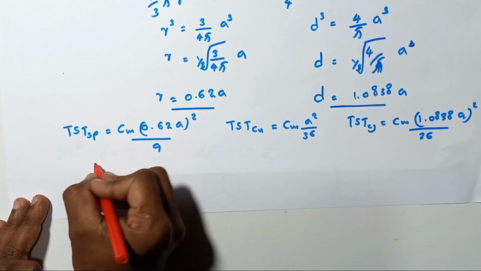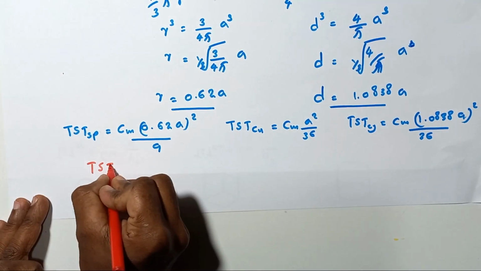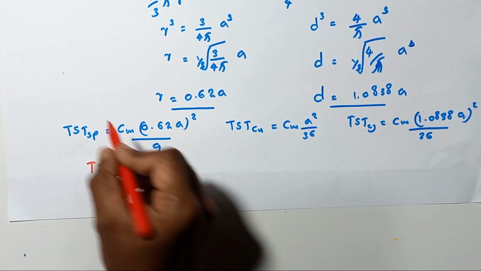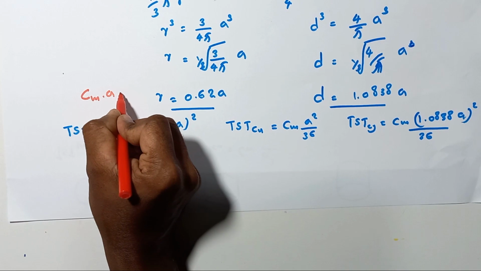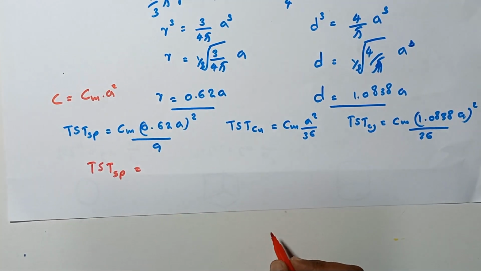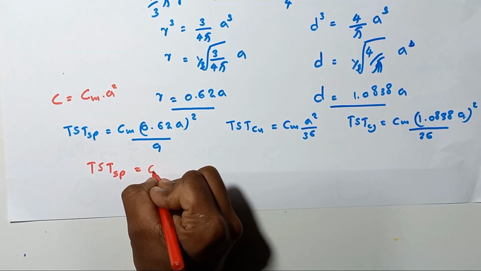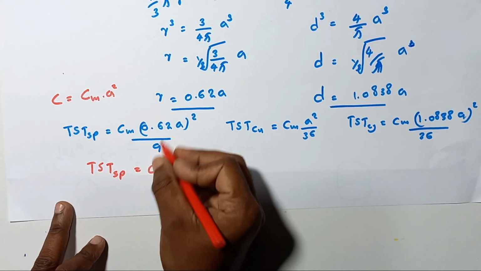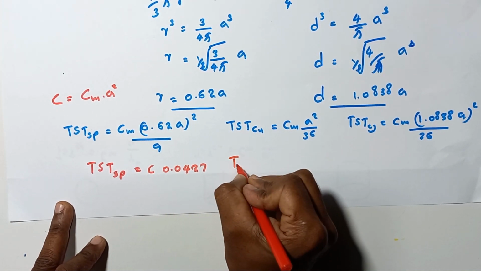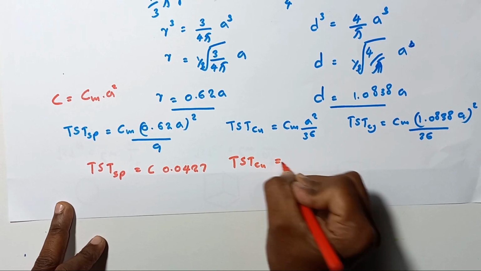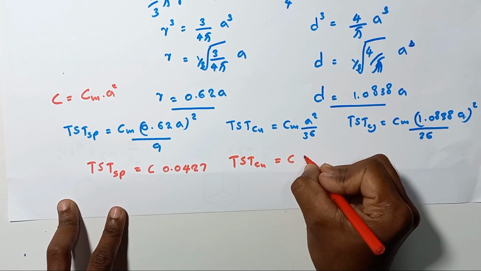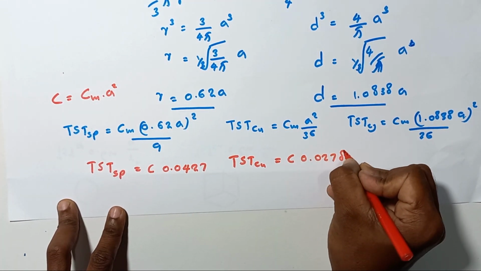Before comparing, I'm going to simplify these. Total solidification time of the sphere: multiplying out the constants, with Cm A squared common, for the sphere we get 0.0427. For the cube we get 0.0278.